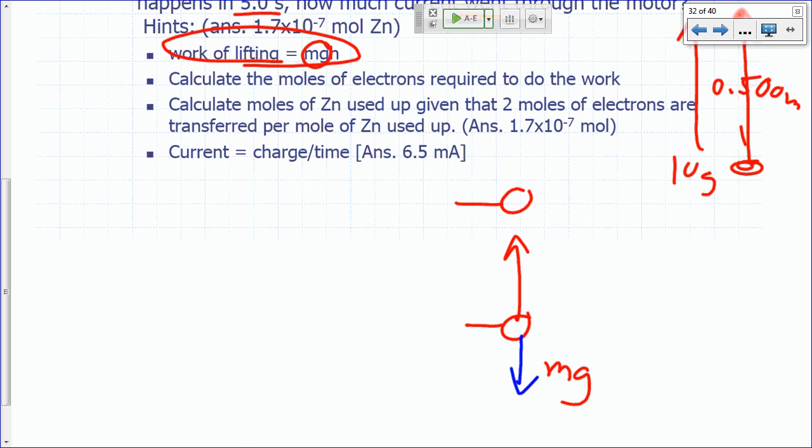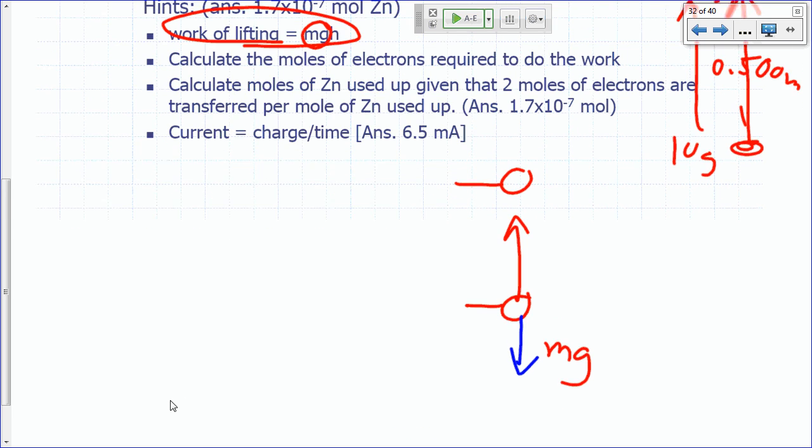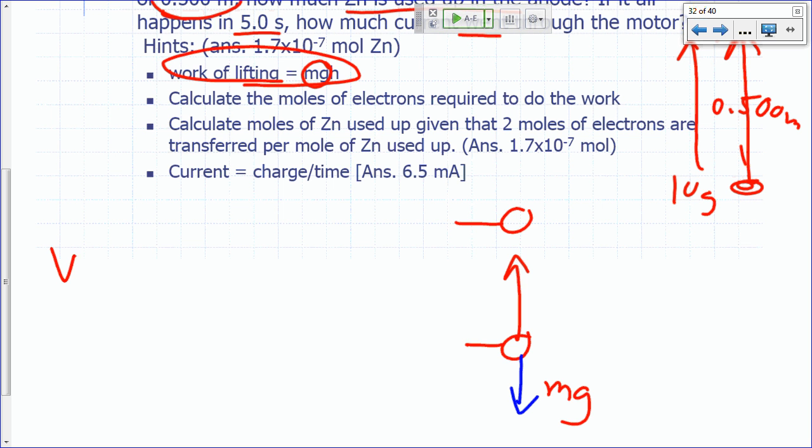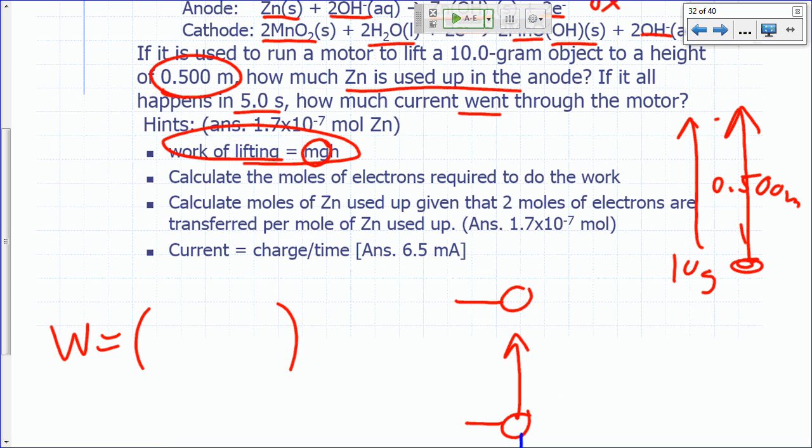So what's our work due to lifting then? What's the mass of our object? 10 grams. So let's put that in kilograms so we have everything in SI. So 10.0 times 10 to the negative 3 kilograms. 10 to the negative 3 kilograms is a gram.